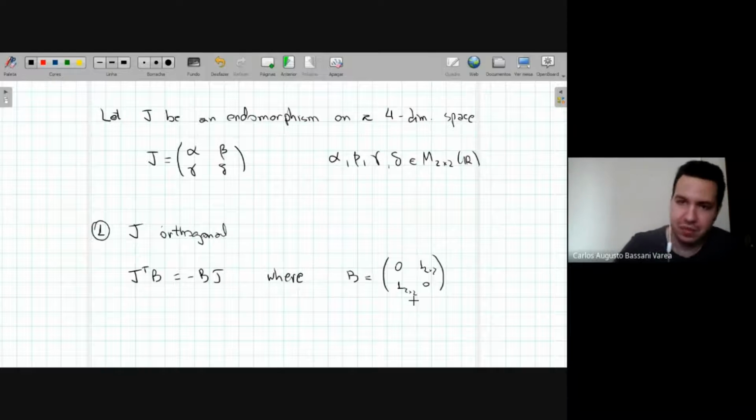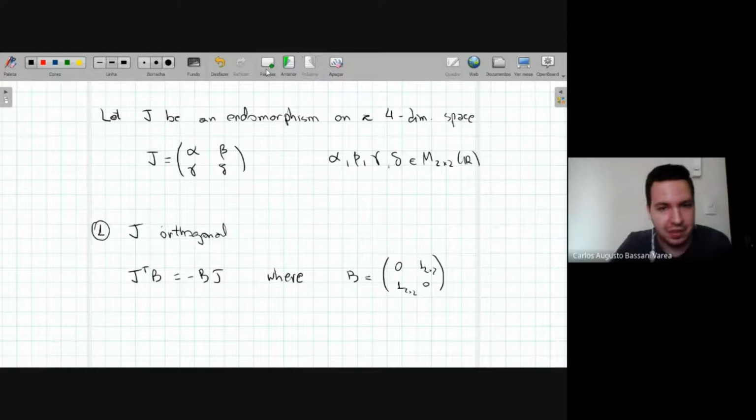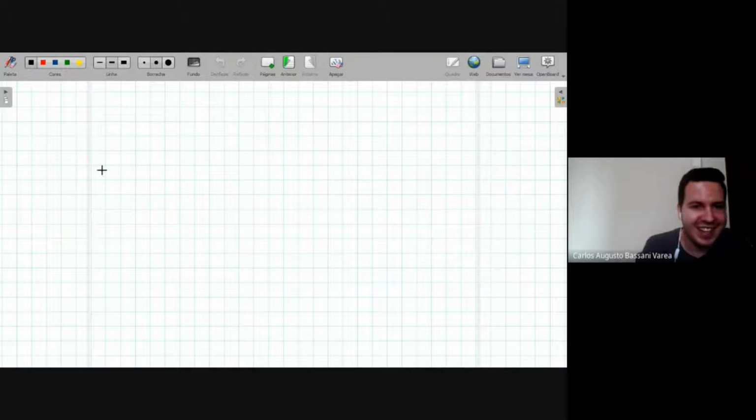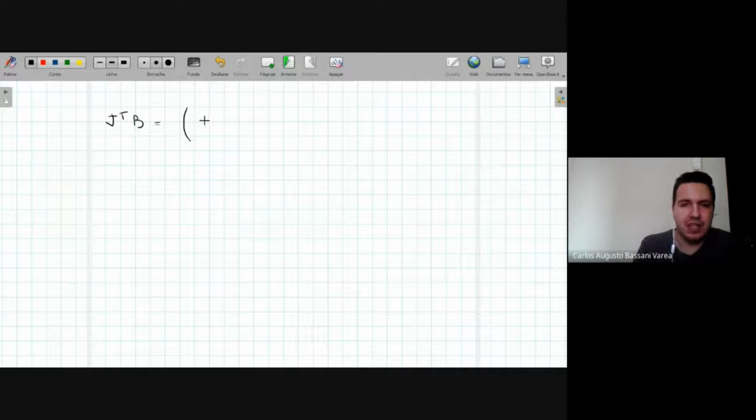Okay, I hope you don't get bored with all these computations. So let's do the computation here. J transpose times B. So if J is that matrix, the J transpose will be given by this expression.